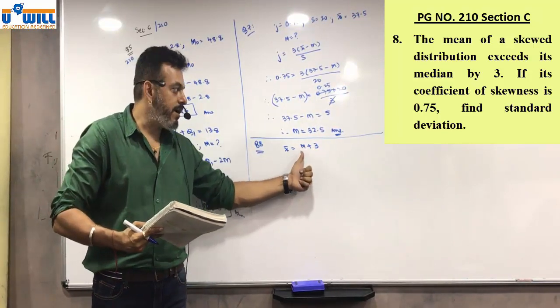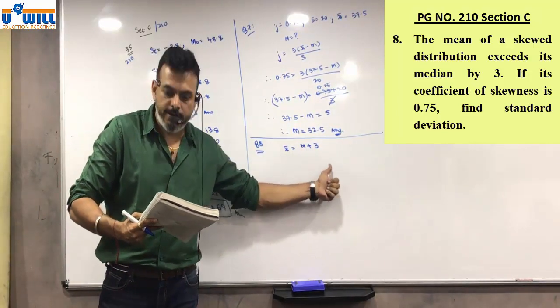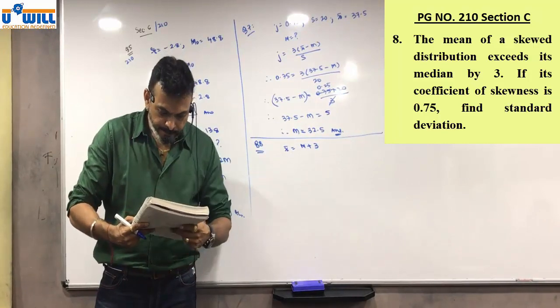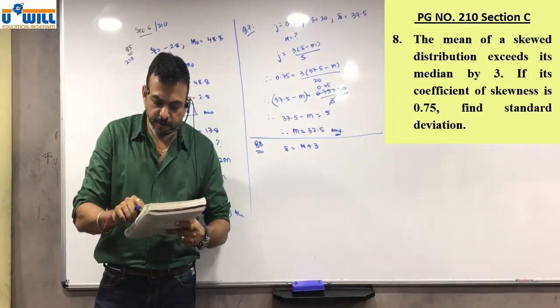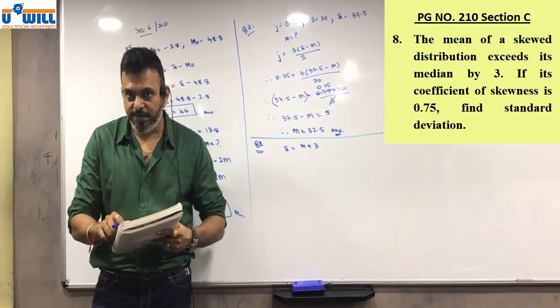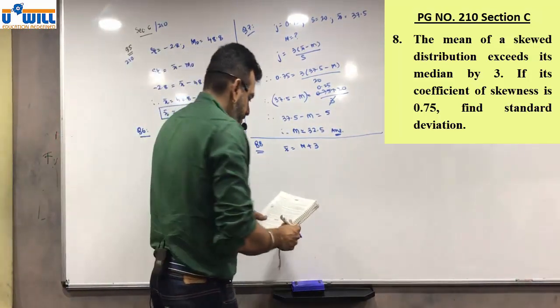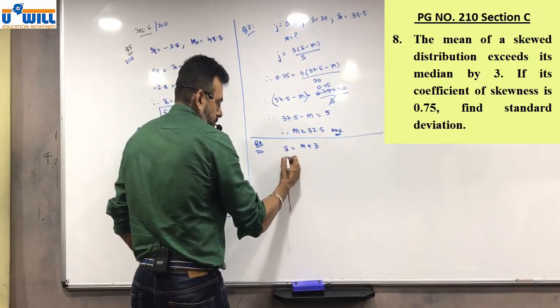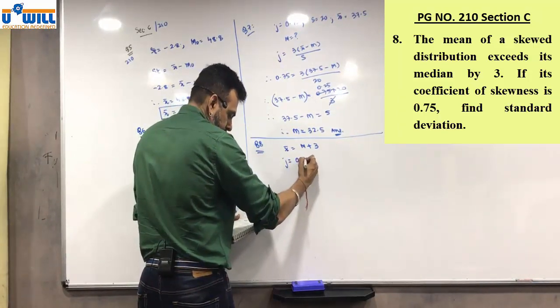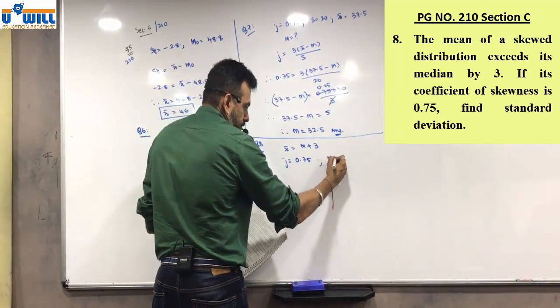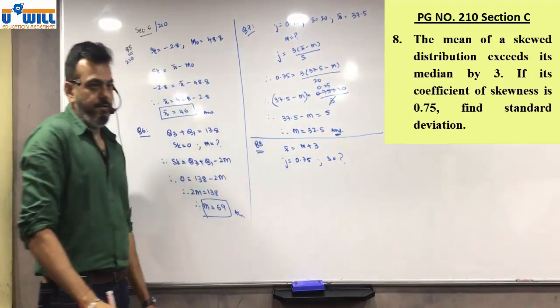So what is the value of the mean? Whatever the median is, plus 3. Then if coefficient of skewness is 0.75, find standard deviation. So J is equal to 0.75. We have to find the standard deviation.